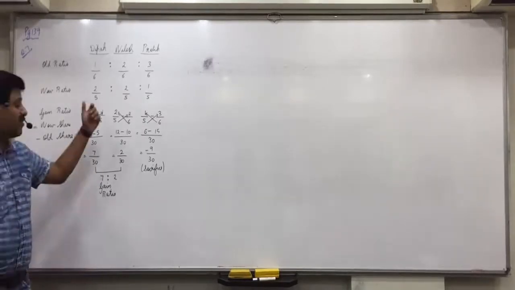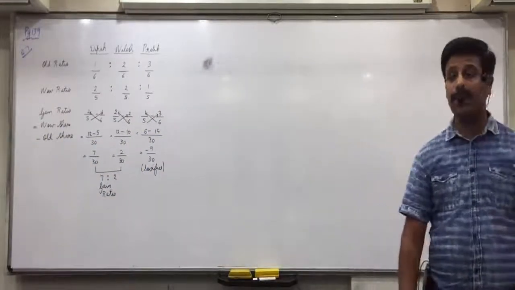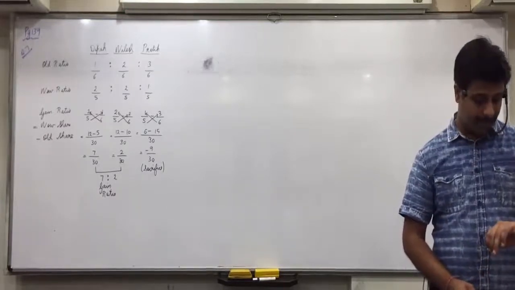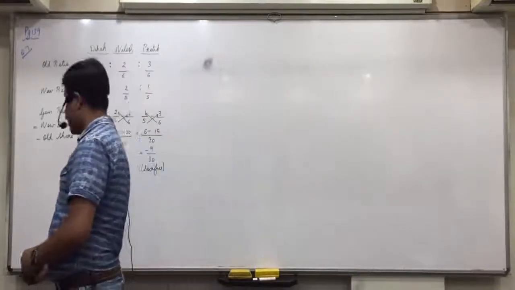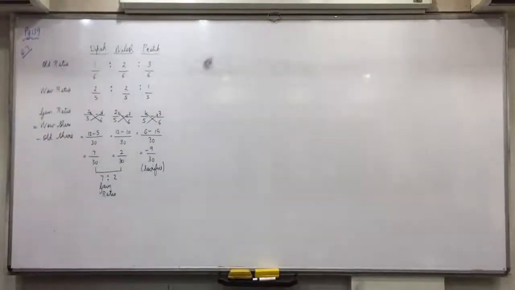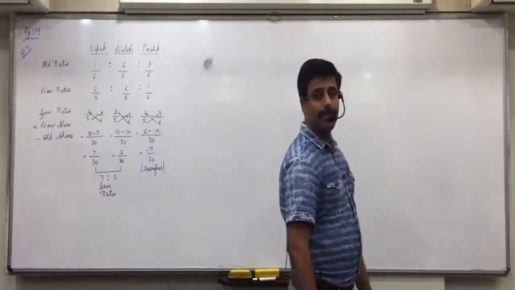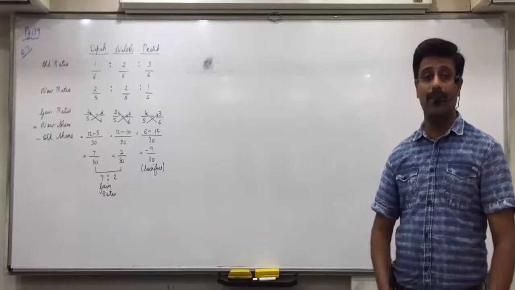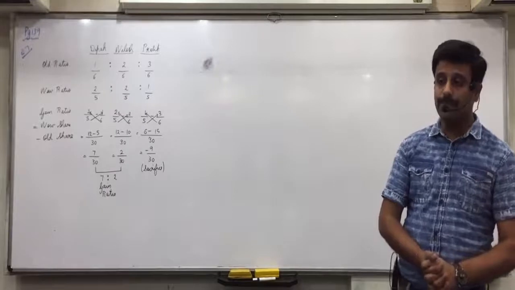The sacrifice of Pratik, thus the sacrifice of Pratik is 9/30, which is gained by Deepak and Nilesh in the ratio of 7:2.